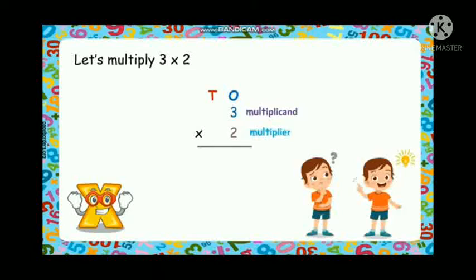You have to say the table of 2 up to 3. So 2 ones are 2, 2 twos are 4, 2 threes are 6. Now you have to write the answer 6. 6 is the product of the given example. Alright students, understood how we are solving the examples?